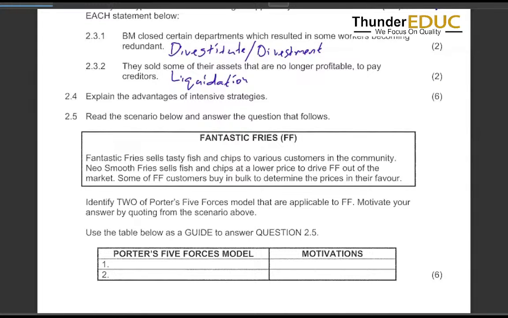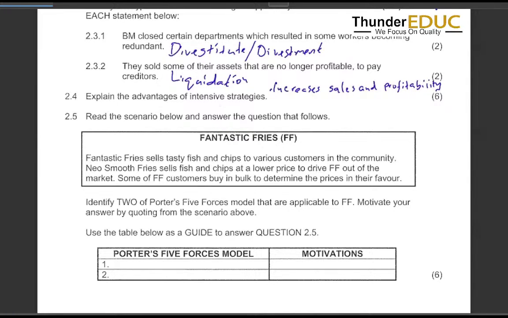And the last but not the least, regular sales to existing customers may increase. So now we're saying that it increases sales and profitability.